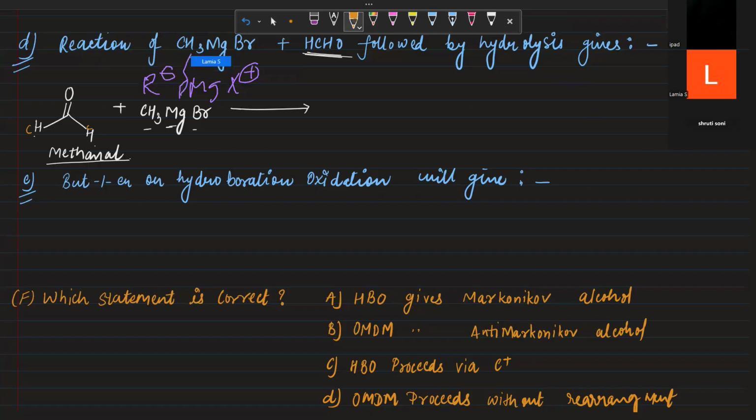This compound has a lot of charge, so the R minus will attach to the carbon. There's a partial charge distribution between the oxygen and the carbon: the carbon has partial positive and the oxygen has partial negative, right?